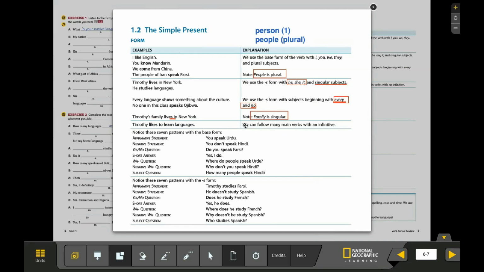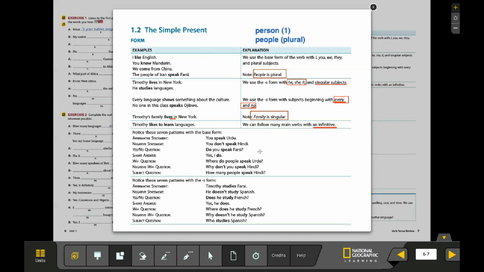Irene, can you read the explanation and the examples? We can follow many main verbs with an infinitive. Timothy likes to learn languages. Okay, very good. Now, some verbs like need, want, we use a verb in the infinitive after them.